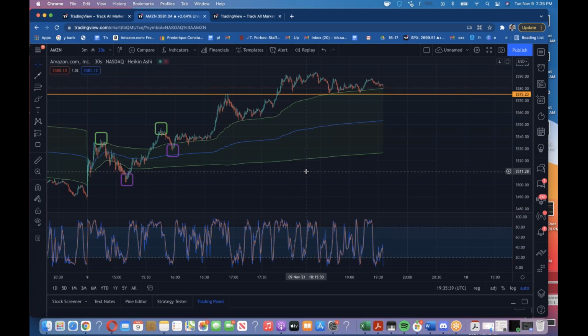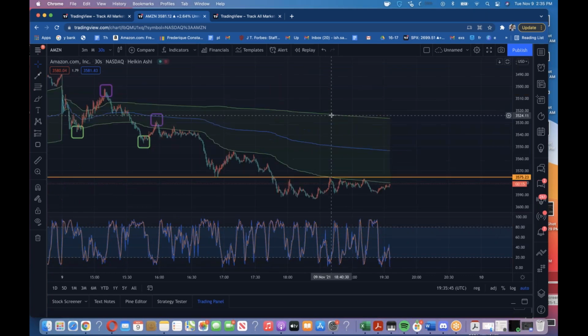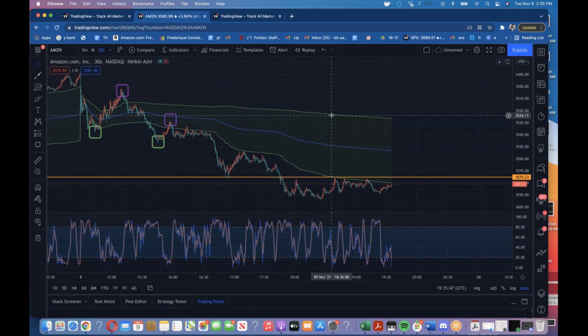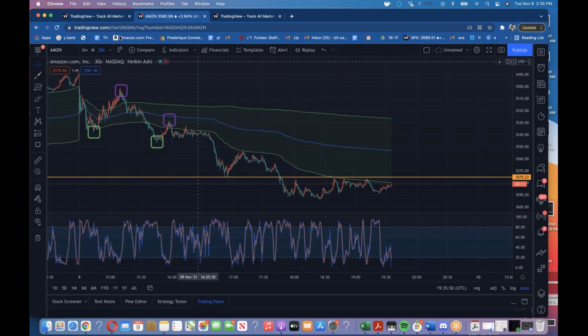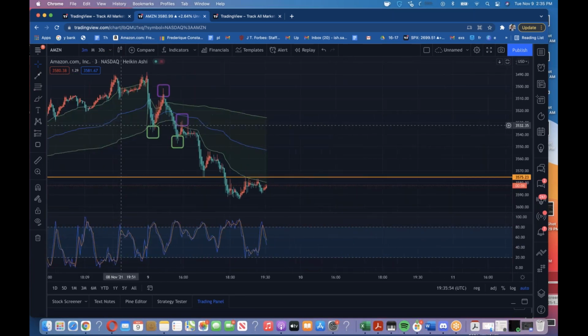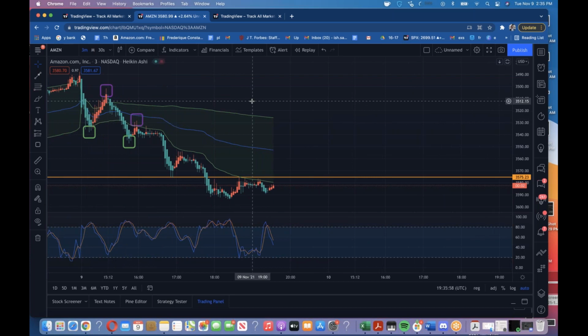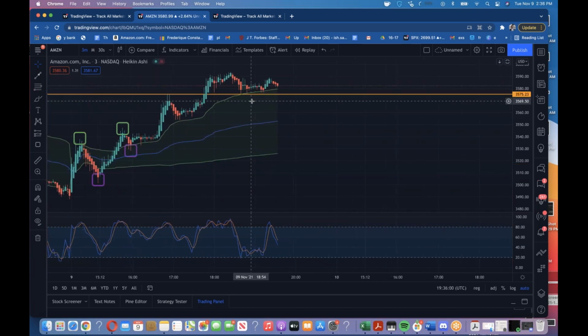In this case, this is an uptrend, and in this case, this is a downtrend. Maybe we can zoom out here to the 3-minute, so you guys can see how this is working.